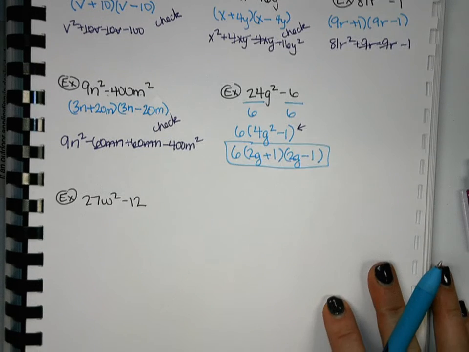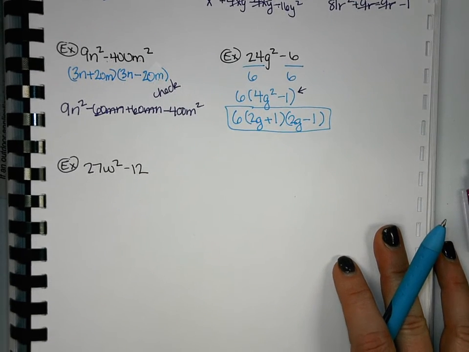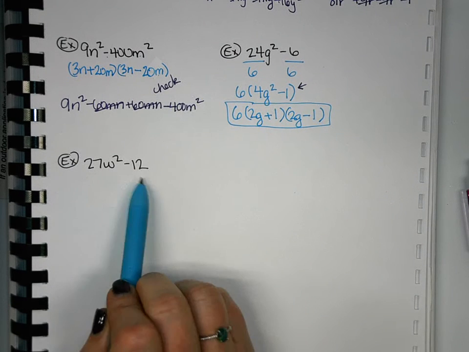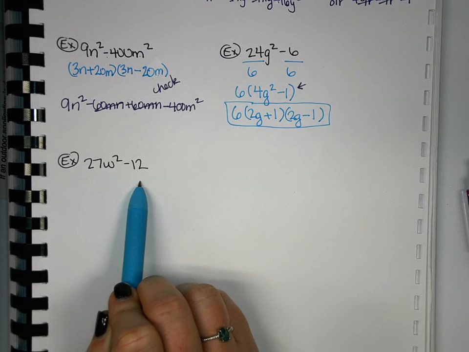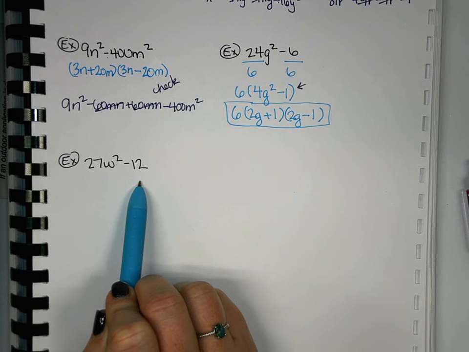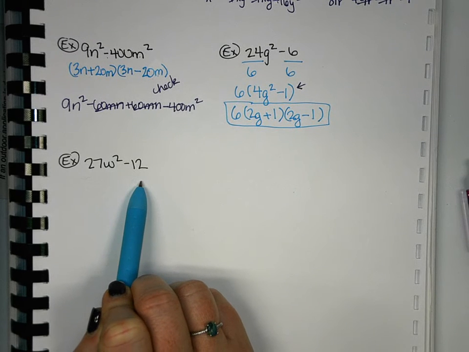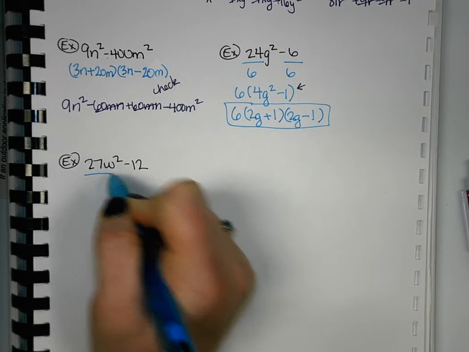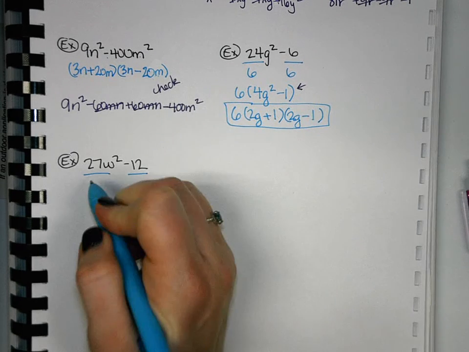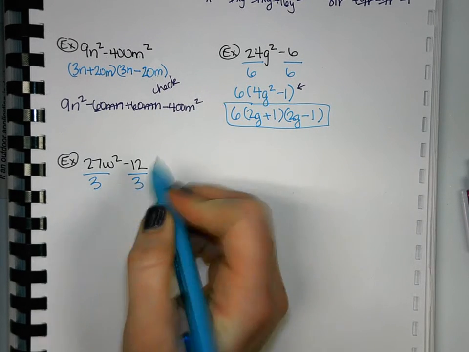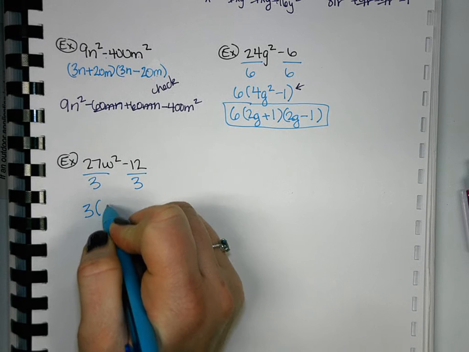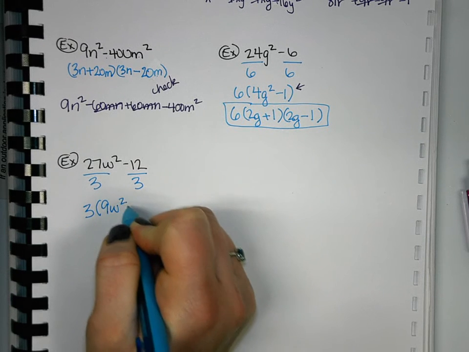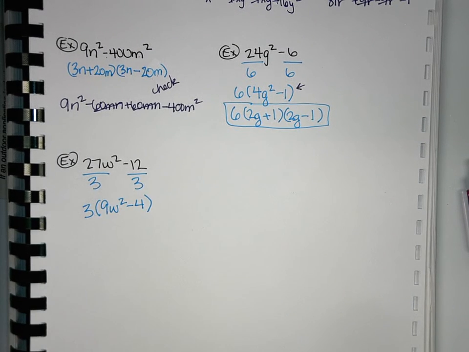Okay, what about the last one here? Are those perfect squares? 27 and 12? No. But is there a GCF? So what can we divide both of these by? 3. So we're going to take out a 3. 9w squared minus 4 is what's left in parentheses.